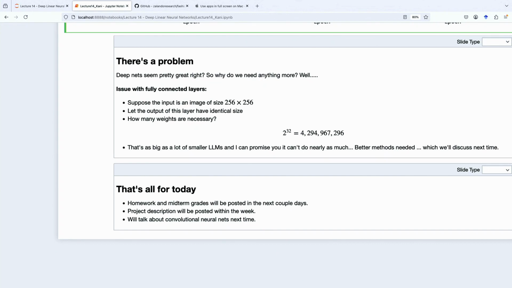The most popular small LLM, Llama 7B, has 7 billion trainable parameters. And I could promise you that a simple two-layer perceptron, even with 4 billion parameters, is nowhere near as useful as a large language model with 7 billion parameters, okay?